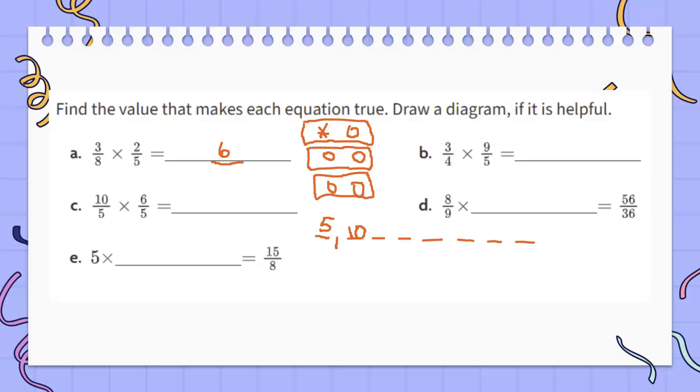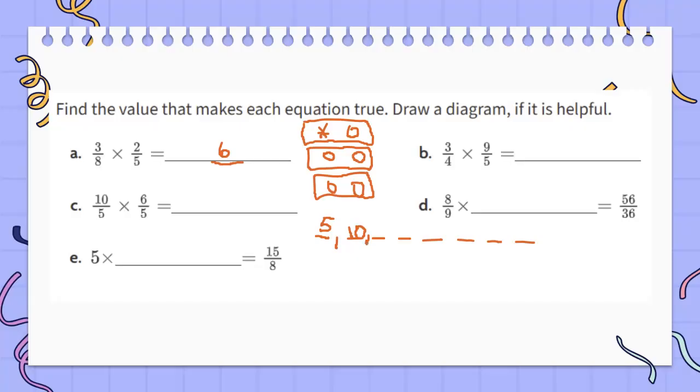Another strategy that you can use is, if you don't know how to count by 10, count by 5. All it is is repeated addition. So we start with a 5 in our mind, then we add another 5, that equals 10.